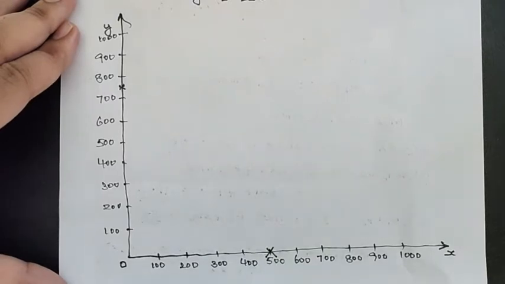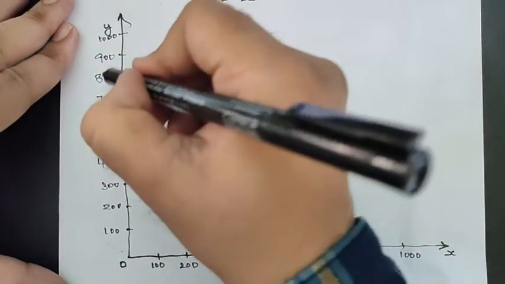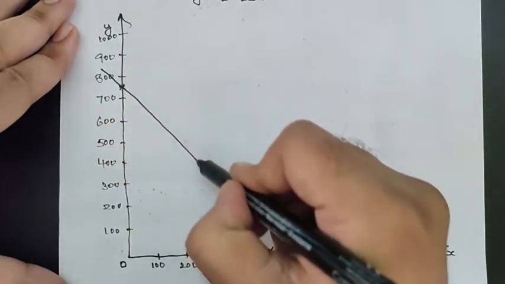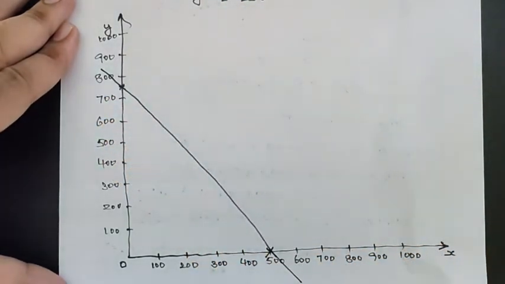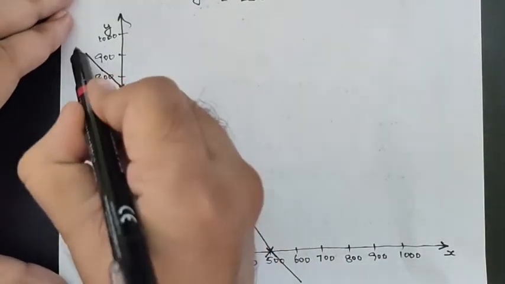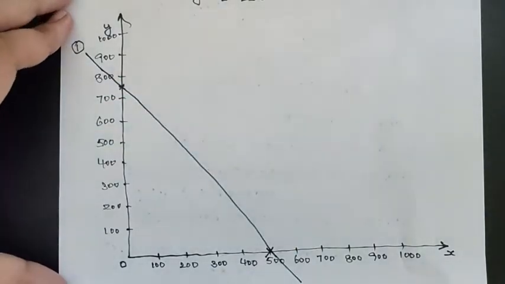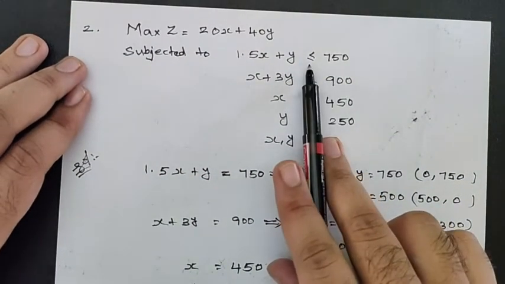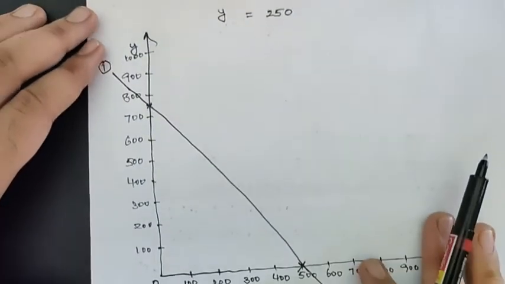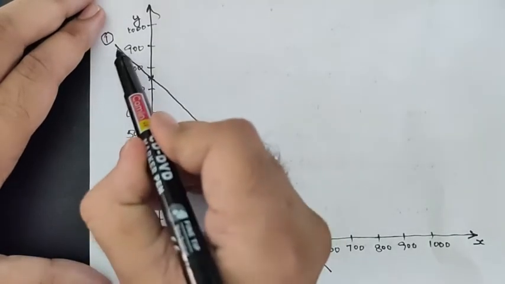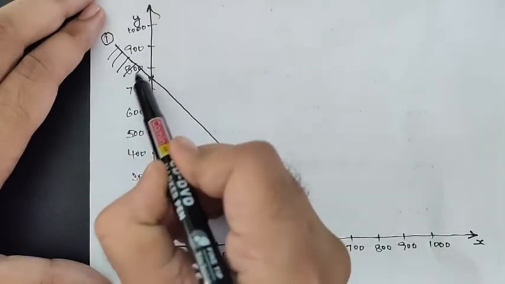So this one is the point. So now draw a line by joining these 2 points. Right. So this one is our first constraint. So the constraint is of type less than or equals to. So the region is completely below the line.